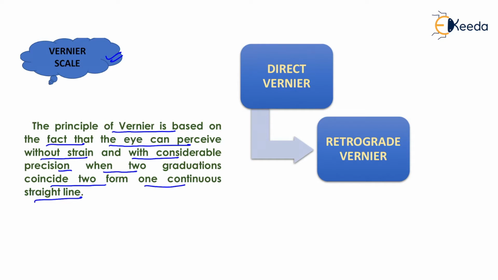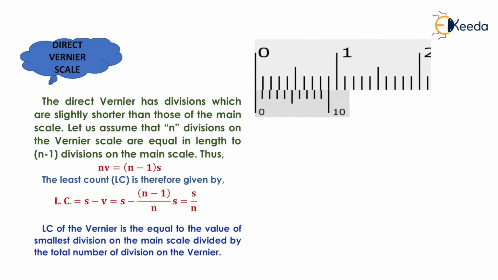Okay, so we divide the vernier scale into 2 types in our geomatics engineering, that is direct vernier and the retrograde vernier. Now first of all we will see the direct vernier. Direct vernier is shown here, that is the main scale, and the next one is the vernier scale.